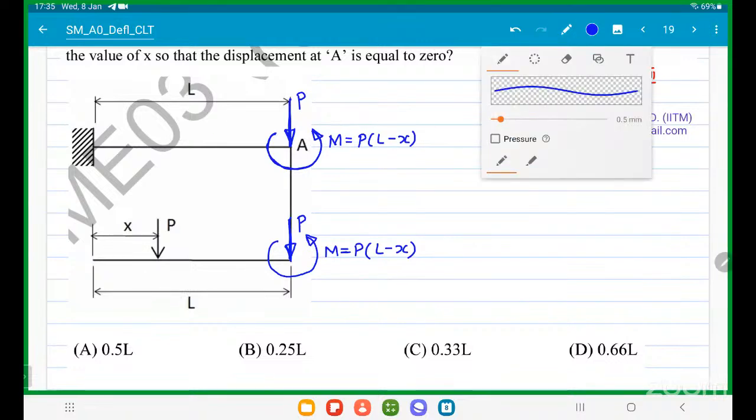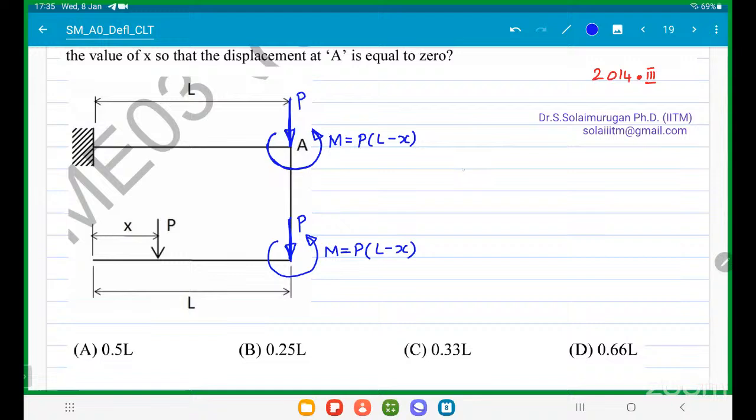Now forget about all the remaining things. Focus only on the top member. Right? Focus only on the top member. What happens? Sir, cantilever with the point load and couple at the free end. M is equal to P into L minus X. Then this is P. It is L. Now we want zero deflection at this point.